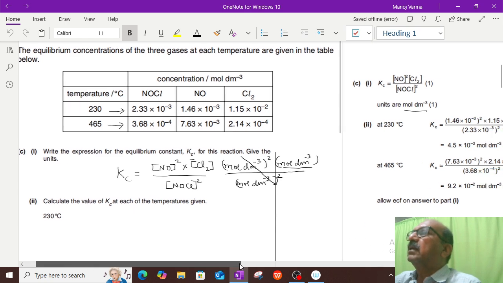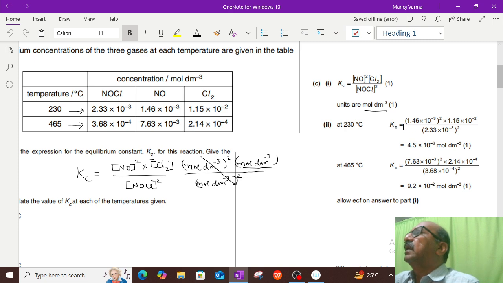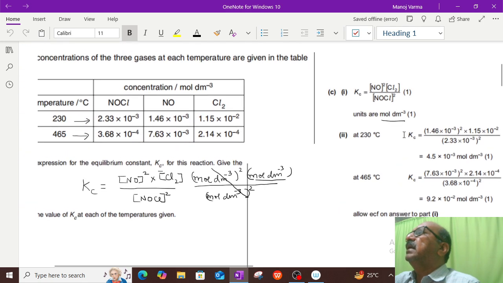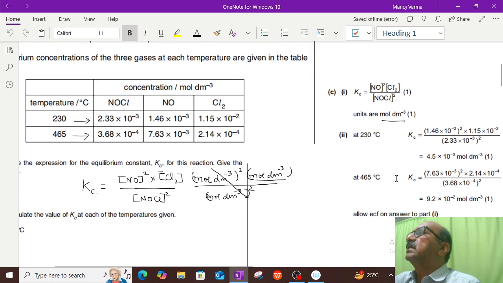If you look at the solution, you can compare that at 230 NO is this, Cl2 is this, and NOCl is this, and they have put the values and solved. You get the value of Kc, and the value that you get is 4.5 into 10 raised to minus 3.